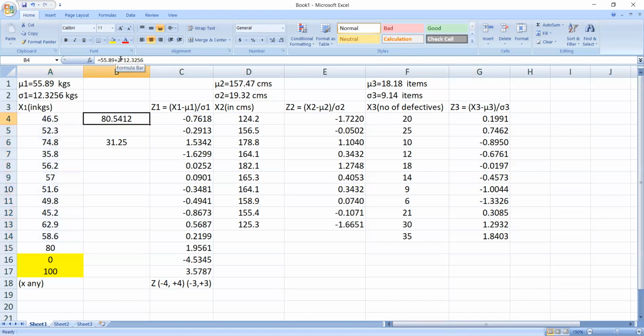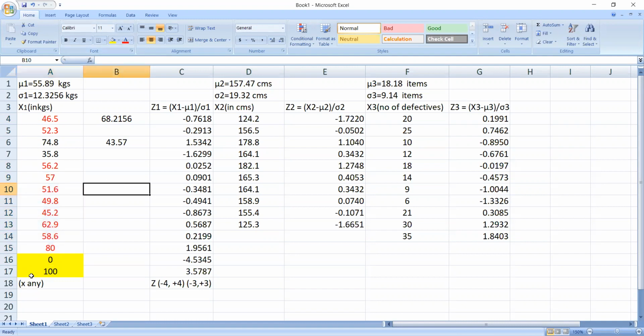Now the last exercise is on 1 sigma. I'll take mu plus 1 sigma, it is coming to 68, and mu minus 1 sigma, and that is coming to 43. So the values within 43 and 68. If you look into the proportion of that, that comes to be 68% theoretically, and practically your proportion will be this.